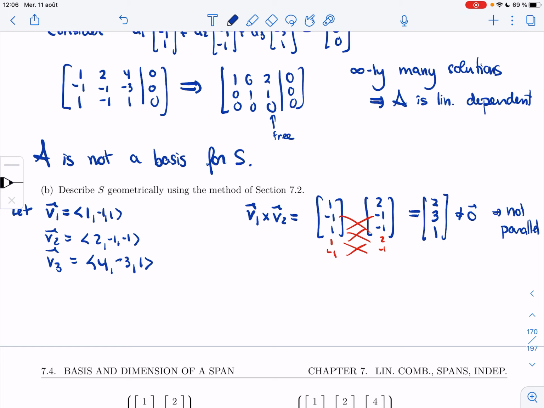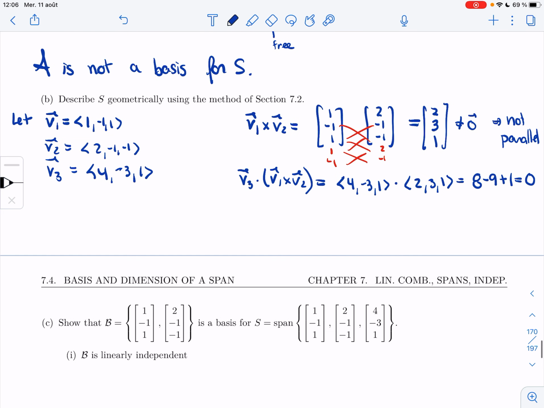It's going to be a plane if they're coplanar. So let me check that with the triple scalar product. Of course, you could put the vectors in any order. I'm just going to do that one because I already have this cross product here. So 4 minus 3, 1, dotted with 2, 3, 1. I get 8 minus 9 plus 1. I get 0.